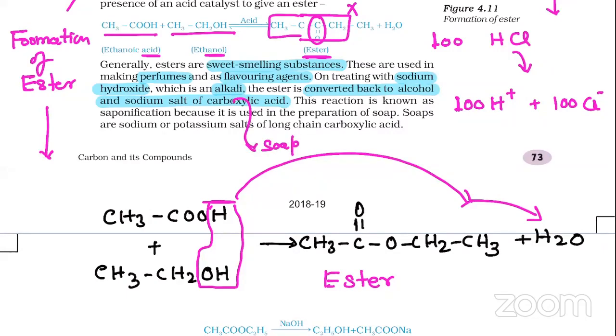That means in this process, soap is formed. So that's why this is called saponification. This is called saponification because soap is being formed. So this process is used for preparation of soap.